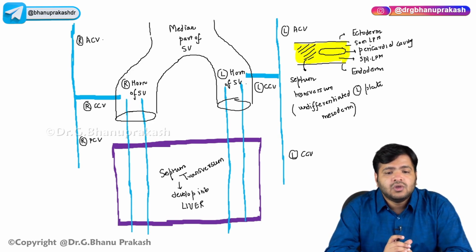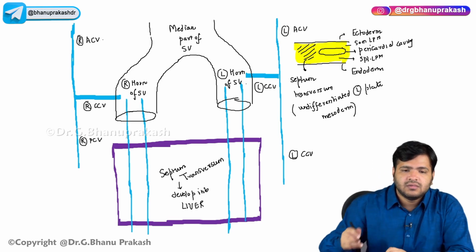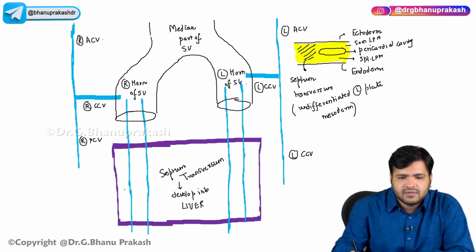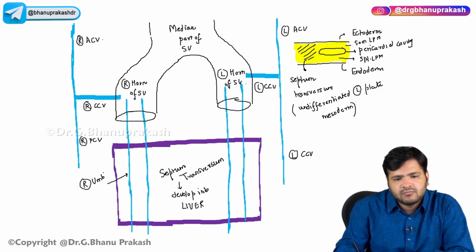Now you already know the septum transversum will further develop into the liver. So these veins over here: let us suppose this is the right umbilical vein, and this over here is the right vitelline vein.